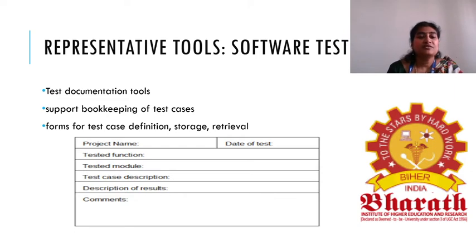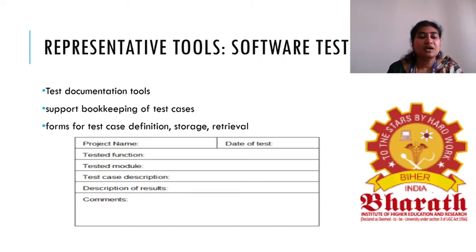The next set of tools will be helpful in supporting bookkeeping of test cases. They will act as a repository for the test cases, and forms for test case definition, storage, and retrieval can also be easily created with the help of the tools.